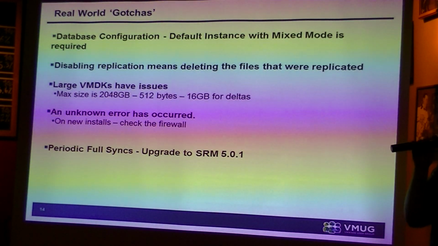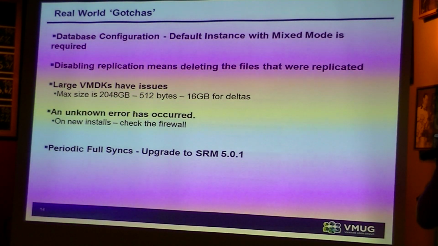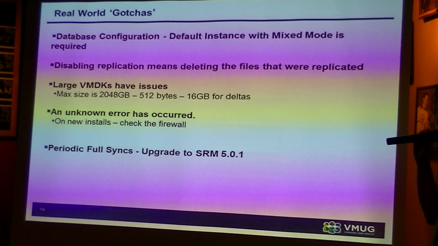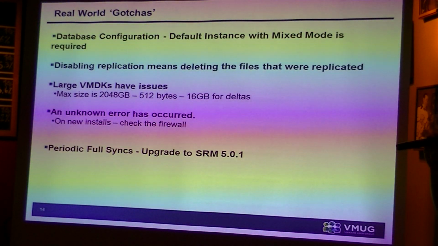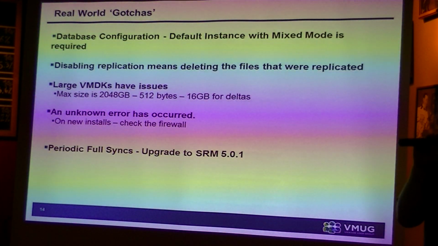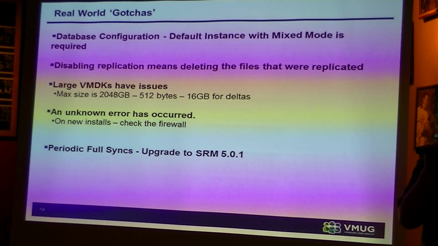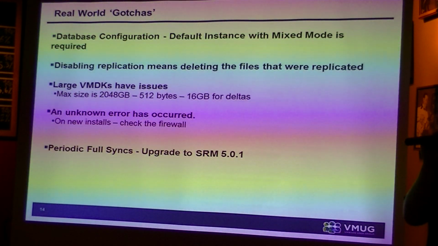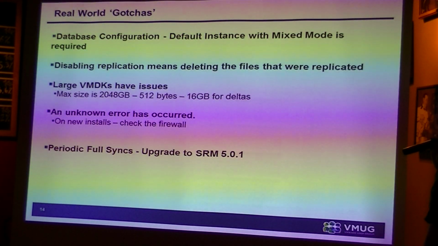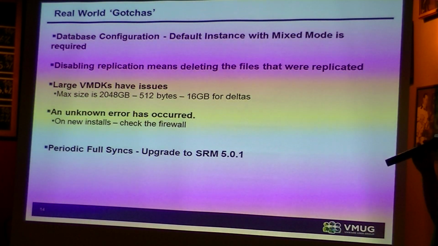The next part was with large VMDKs. You have the standard rule of 2 terabytes minus 512 bytes. On top of that, you also have about 16 gigs that should be reserved for your Delta files. What SRM does is they do use those Delta files and they will occupy space on your VMDKs. And then that's what it creates to basically send the replicated volume over.